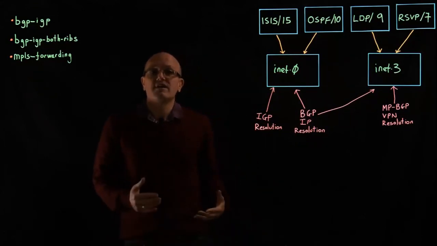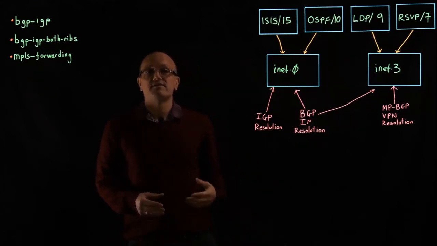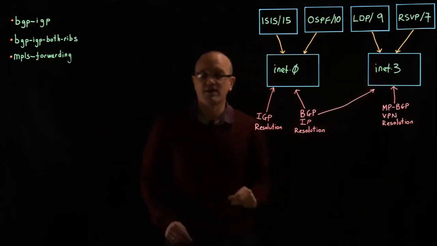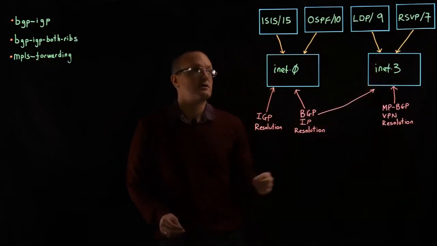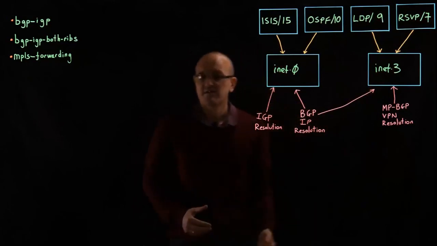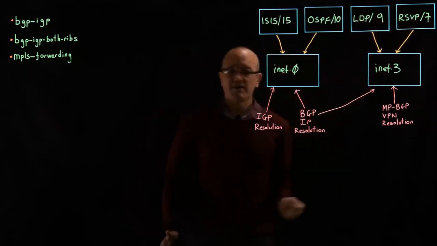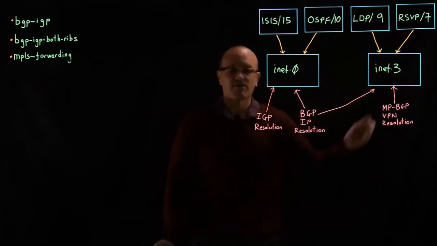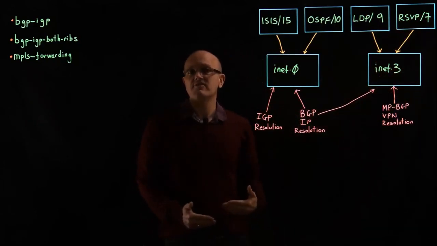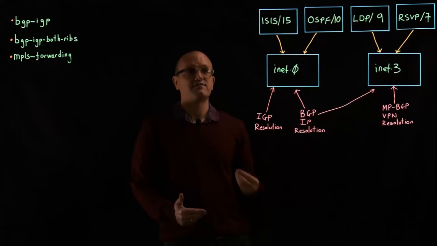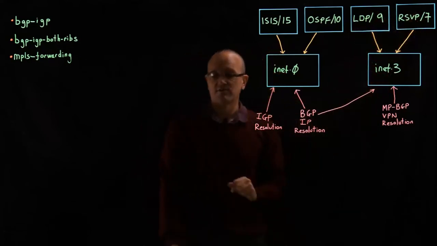We also have the MPLS specific table of inet.3. So we have our MPLS label advertisement protocols, LDP and RSVP, populating inet.3 with the IP endpoints of the LSPs that these protocols have signaled.